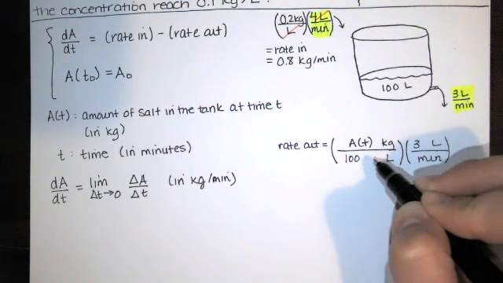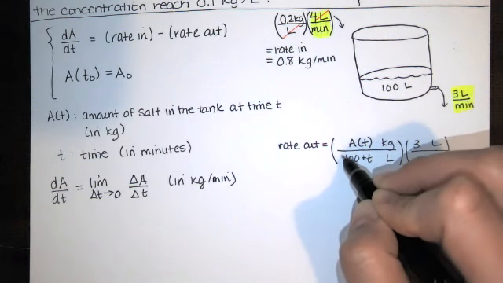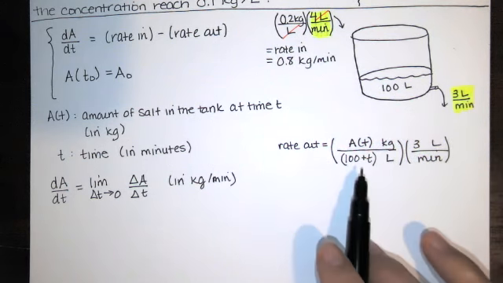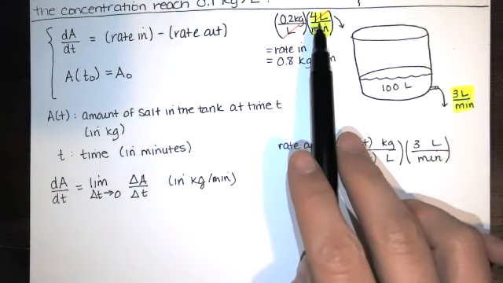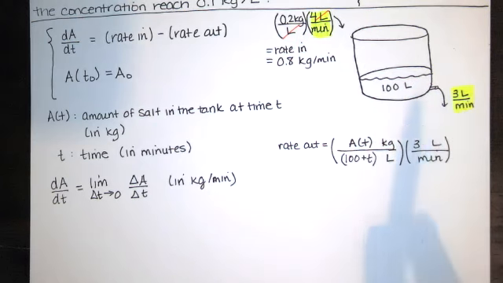So if t is time in minutes, we're just going to add a t there. This is the number of liters in that tank, because if I'm adding 4 liters per minute and subtracting 3 liters per minute, every minute I get another liter in the tank.